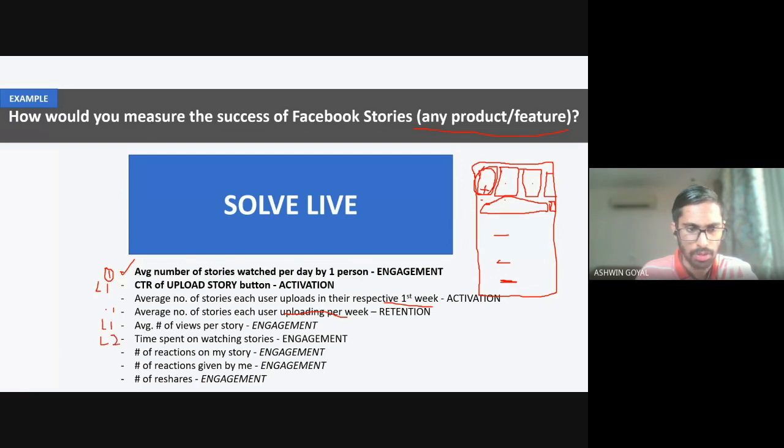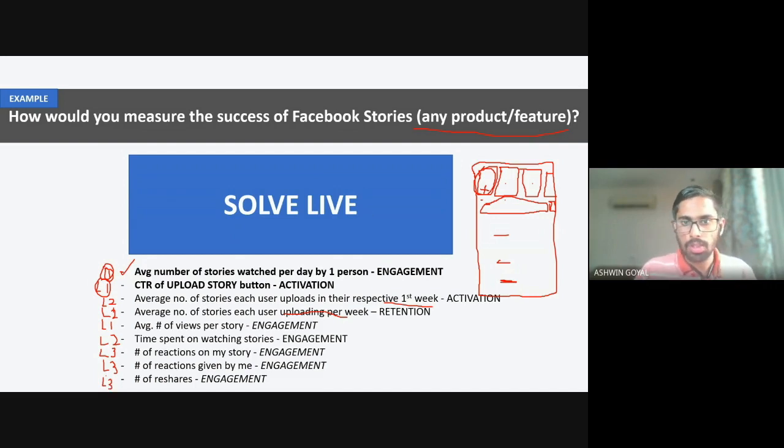This can be L1, these can be L2, right? In this manner, you can prioritize and divide these into various categories. The most important primary ones are only 1 or 2 at max. And then there can be other secondary metrics, L2 and L3 metrics, right?